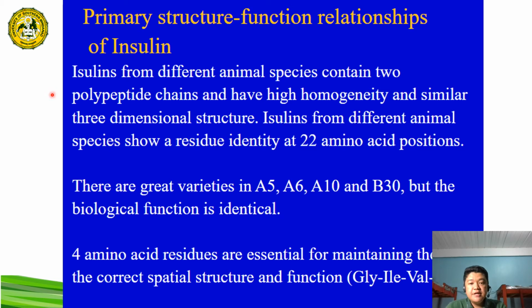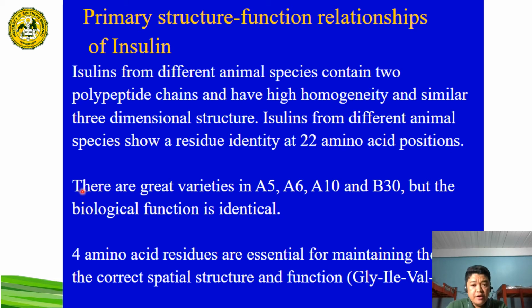So insulins from different animal species contain two polypeptide chains and have high homogeneity and similar 3D structure. So insulins from different animal species show residue identity at the 22 amino acid positions.